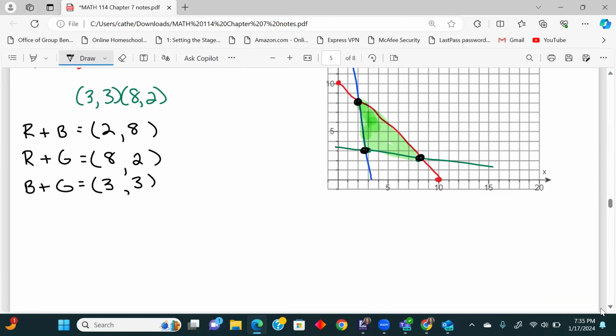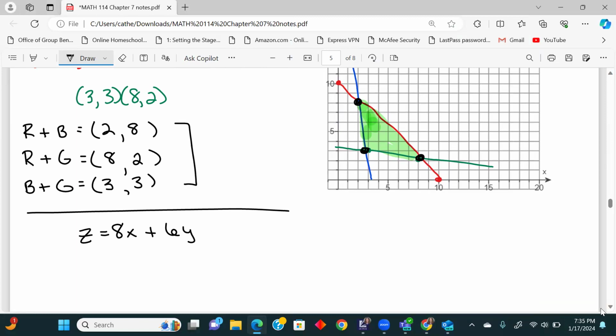All right, so this one we need to minimize and maximize. Z equals 8x plus 6y. So these are our corner points.